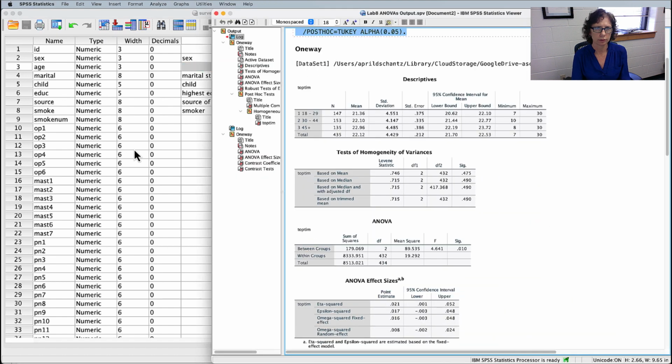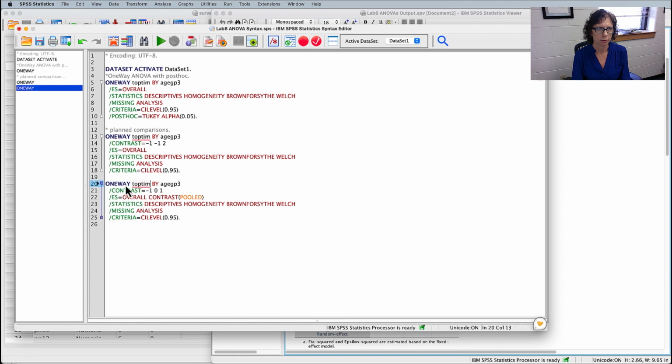Going over to here, you see that the only real difference is the change in the contrast. Now I'm doing -1, 0, 1. And I went ahead and asked for the contrast effect sizes, so that's different. And here's all the stats that we ran on the first one.